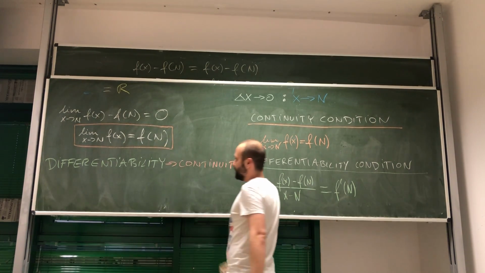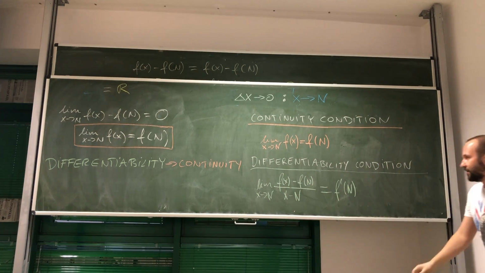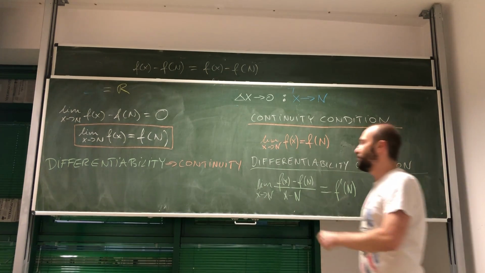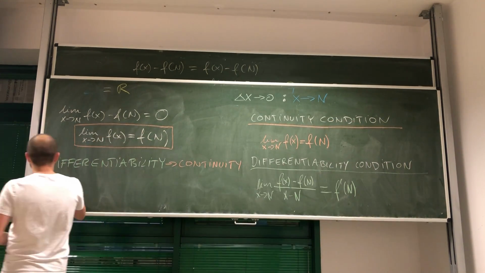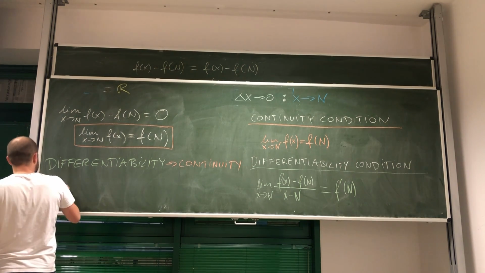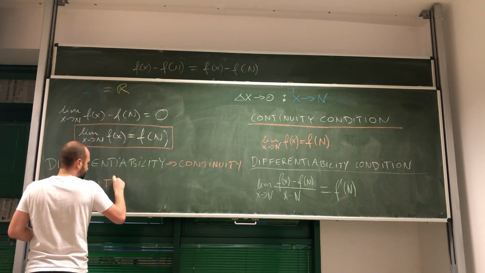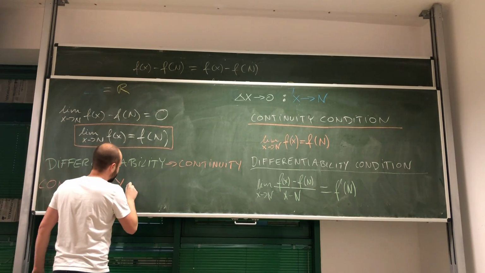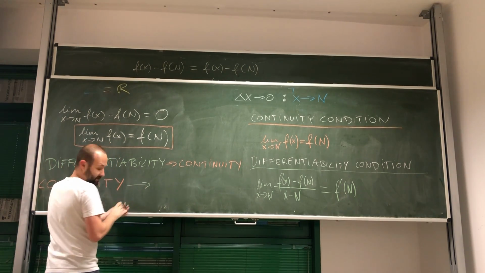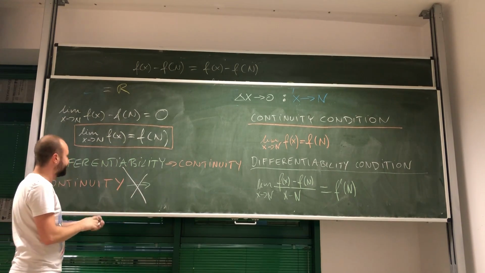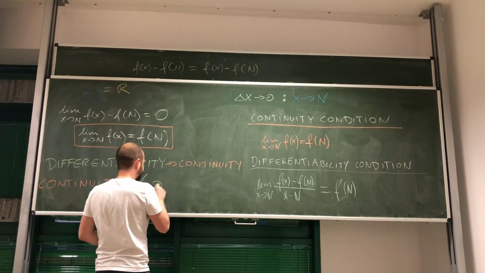In other words, if we can differentiate a function, we can be sure that the function is continuous. But remember, it doesn't work in the opposite direction. If we have continuity, it doesn't imply differentiability.